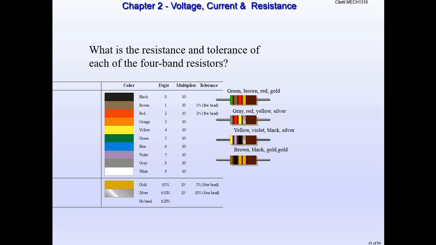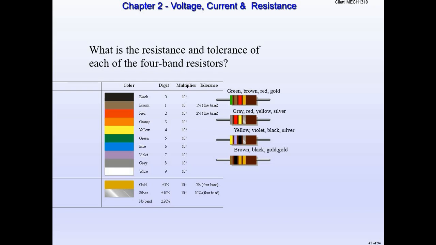That first resistor is green, brown, red, gold. Going through, green is a 5, brown is a 1, so this is going to be a 5, 1. Then red tells me how many zeros to put after that 5, 1: 2. So 5, 1, 0, 0. And then it's gold, so it's going to be plus or minus 5%.